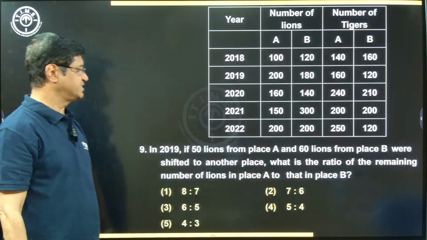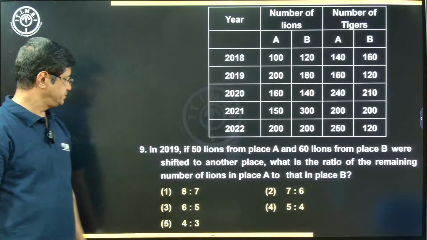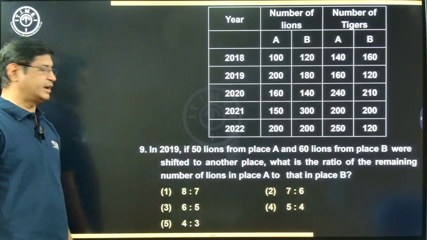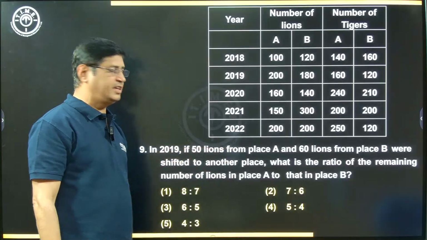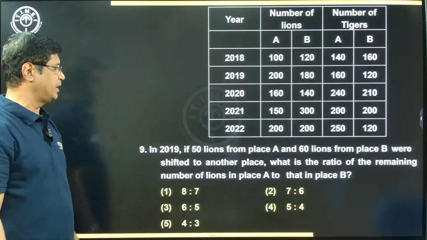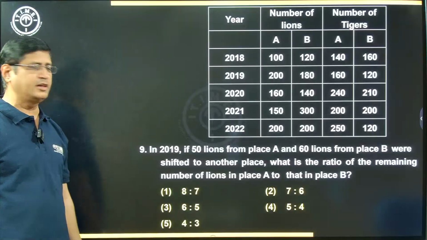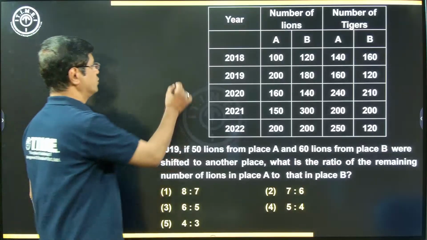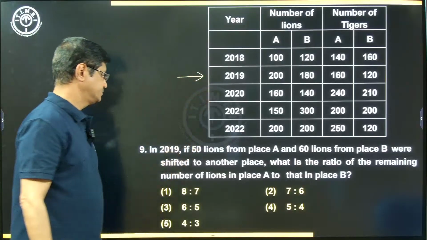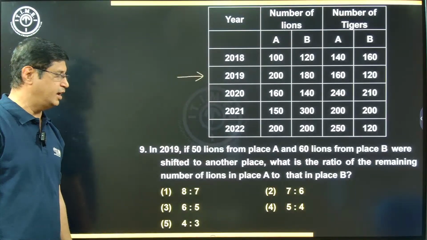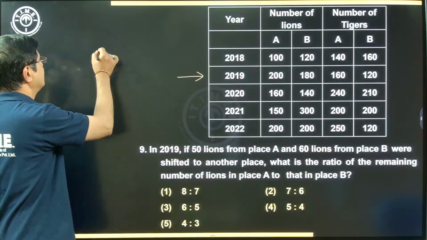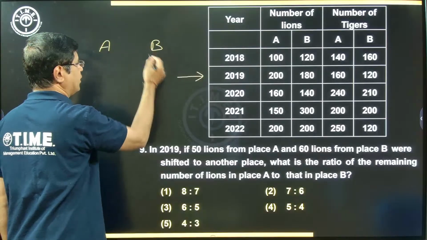Okay. Next example on your screen. In 2019, if 50 lions from the place A and 60 lions from the place B were shifted to another place in 2019, then what is the ratio of the remaining number of lions in place A to that of the place B?